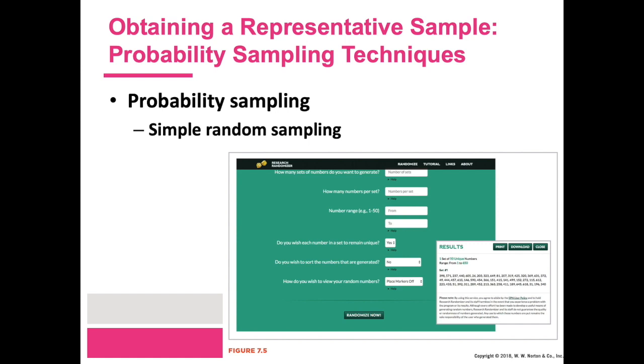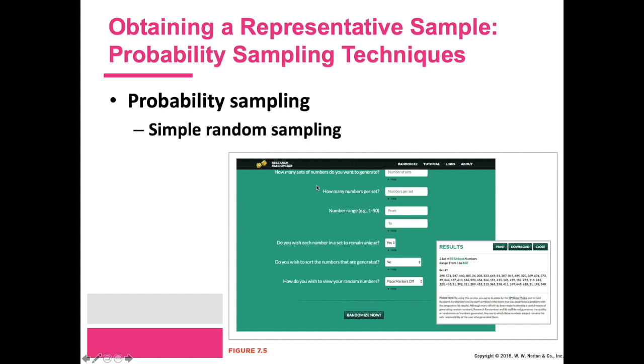The simplest version of that is simple random sampling, which basically is just putting every possible population member's name in a pool and then randomly selecting some of those. So in that case, everyone has an equal probability of being selected, which means your sample is likely to be representative of the population.